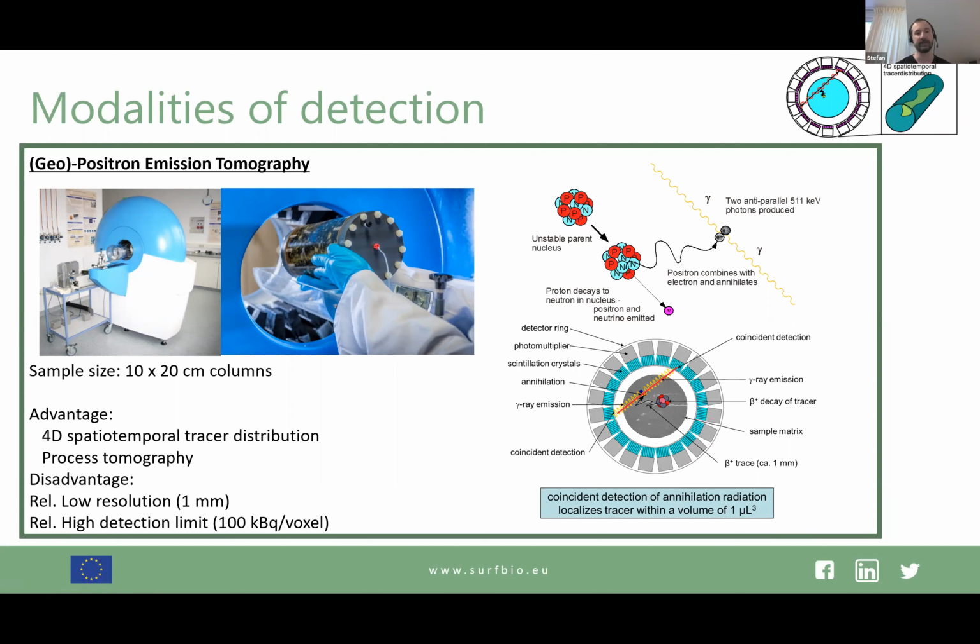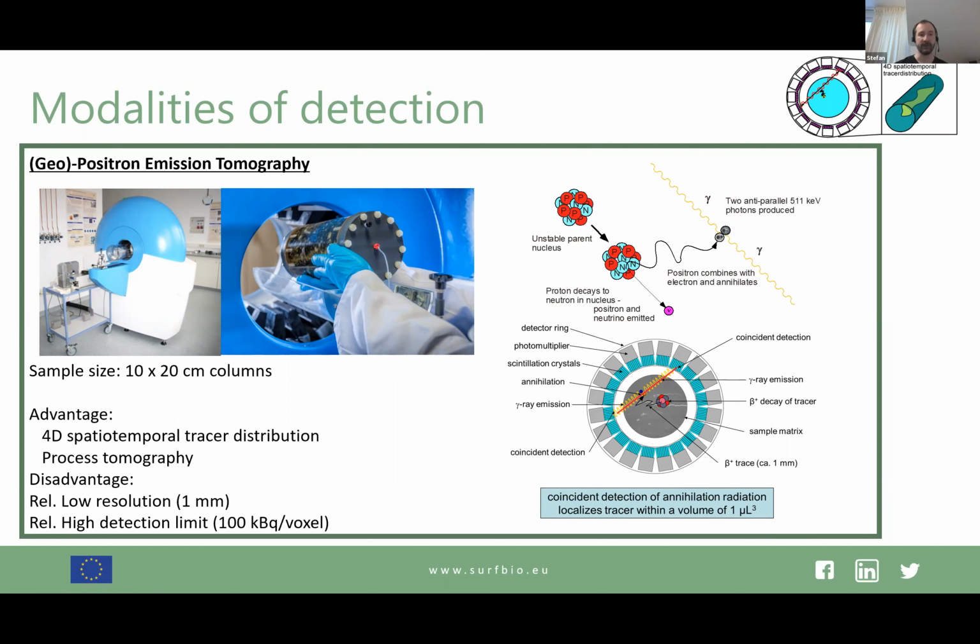So it has a resolution of about 1 millimeter, on a millimeter scale, but within that resolution, it very accurately detects any changes within these volumes.